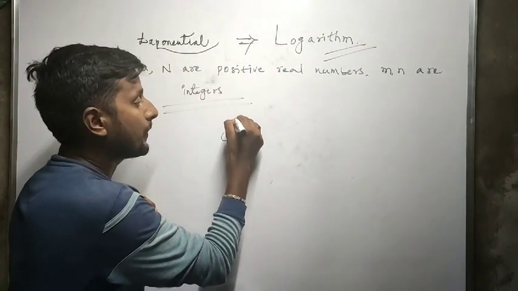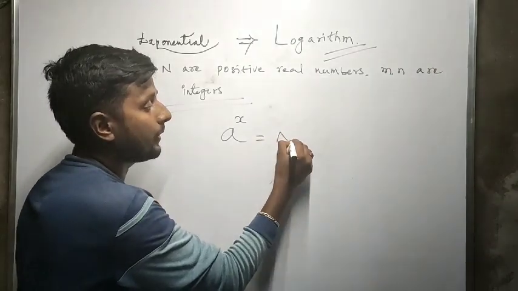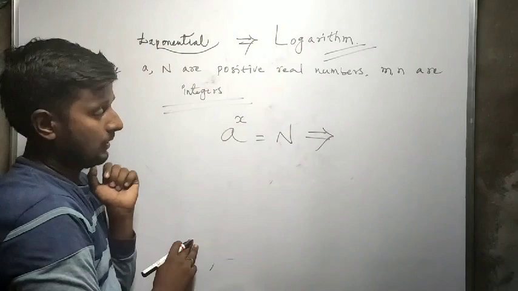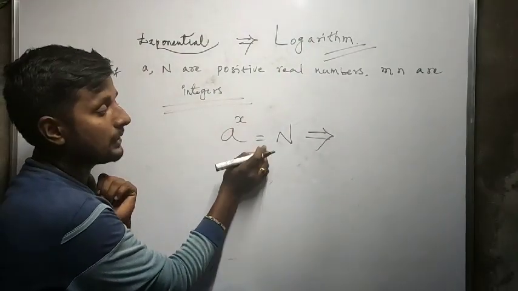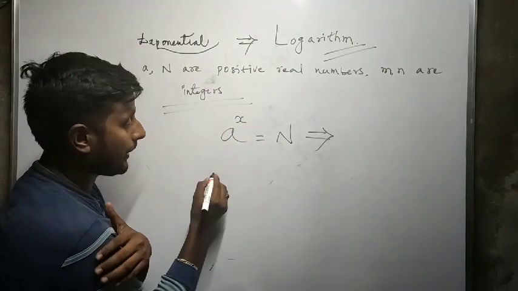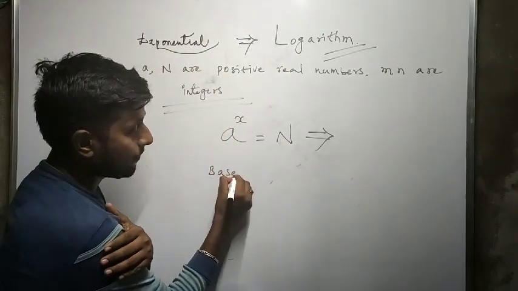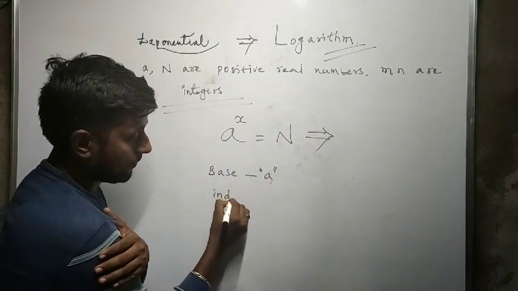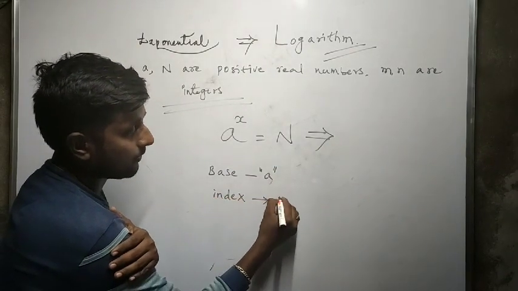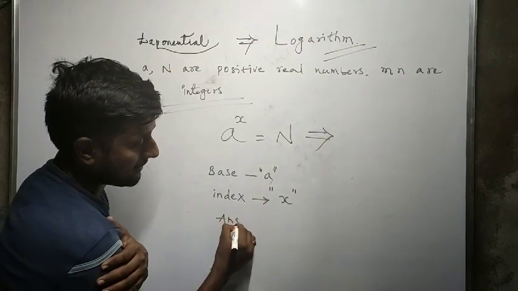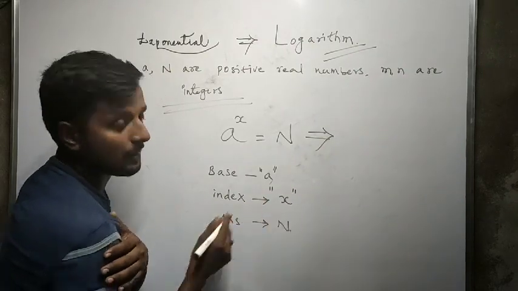Now look at a power x is equal to n. Here, what is a? Base. What is the index? x. What is the answer? n. n is the answer.